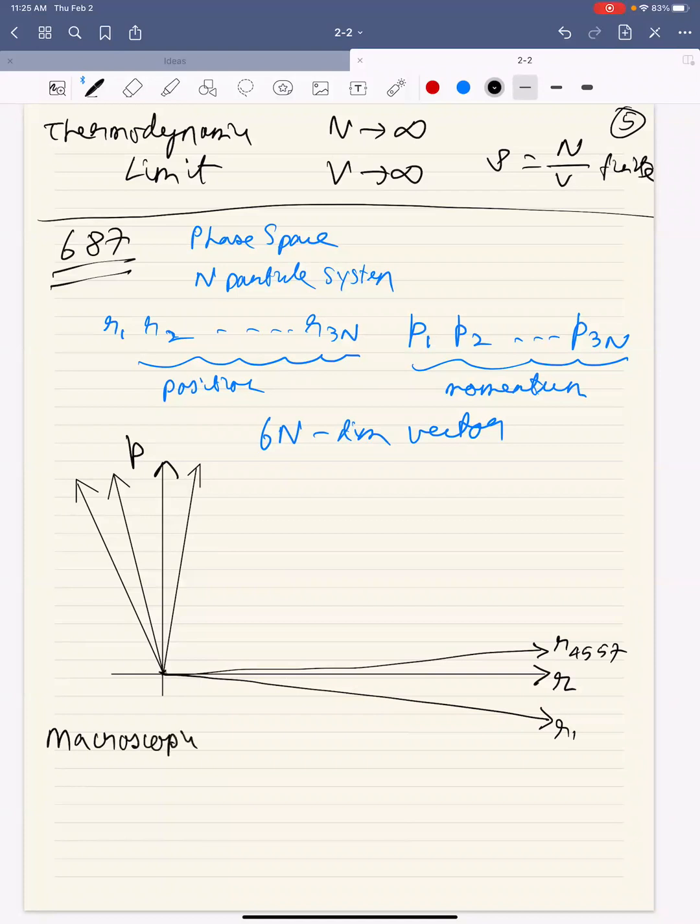The macroscopic state of a system, and we are doing equilibrium statistical mechanics, okay? So I will not say at equilibrium all the time, because that is something we are never going to get out of. We are always in equilibrium. Even in statistical mechanics, things have equilibrated, there is not much interesting happening, but still a lot of interesting things happen.